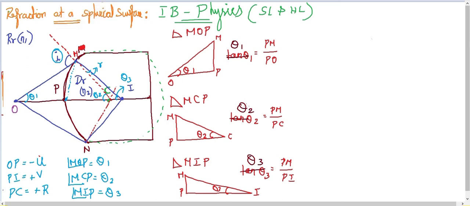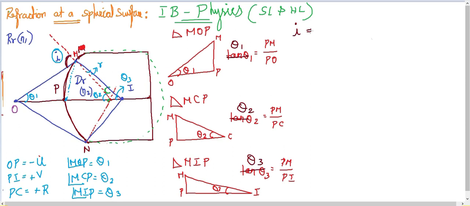So next part is, let's find the angle of incidence. The angle of incidence is I here, right? So I is an exterior angle. It is outside the triangle. If you want to find an exterior angle, the geometrical identity is that the exterior angle is the sum of the interior opposite angles.